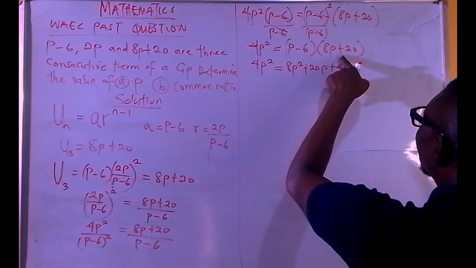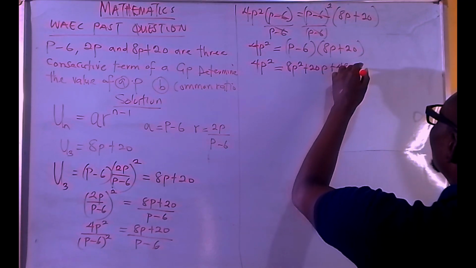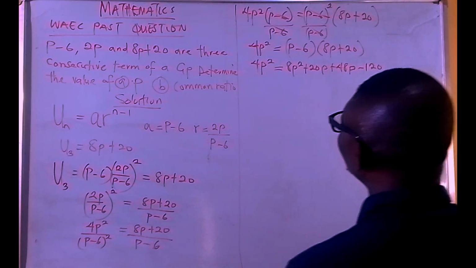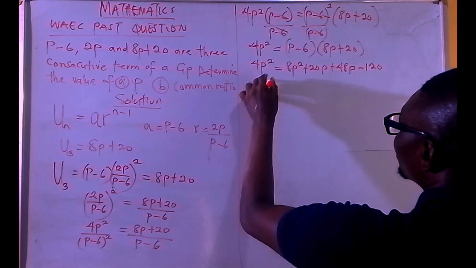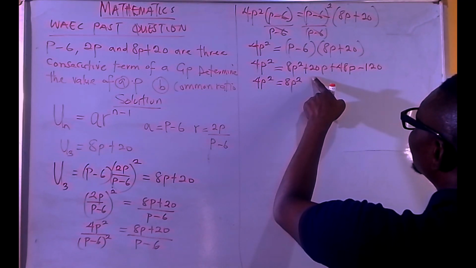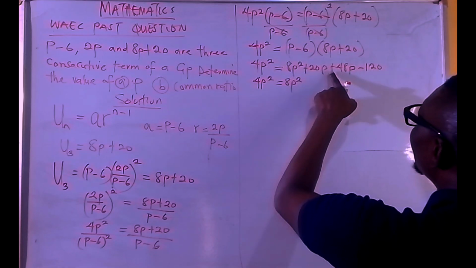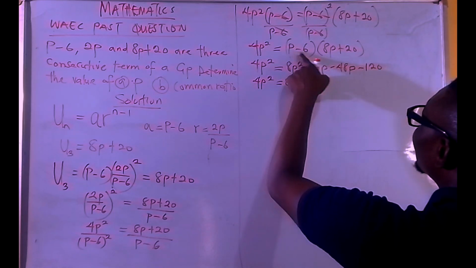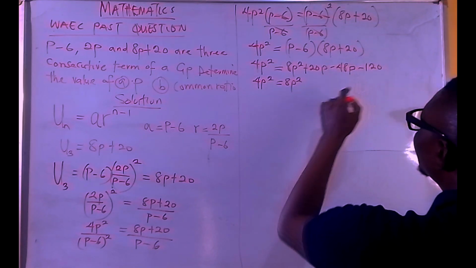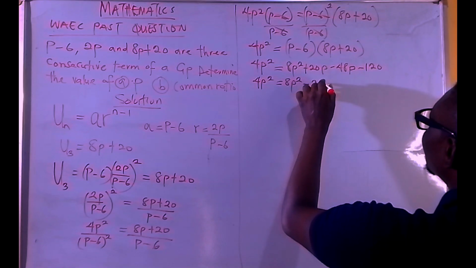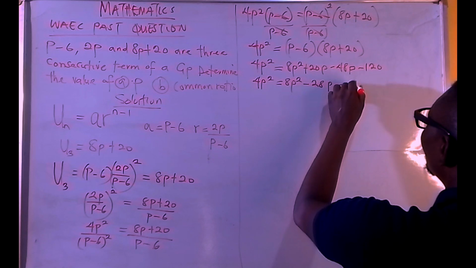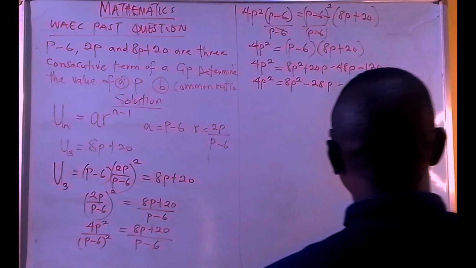The minus 6 times 20 is equal to minus 120. Now, here we are supposed to have minus, because minus 6 times 8P is minus 48P. So 20P minus 48P will be minus 28P, minus 120.